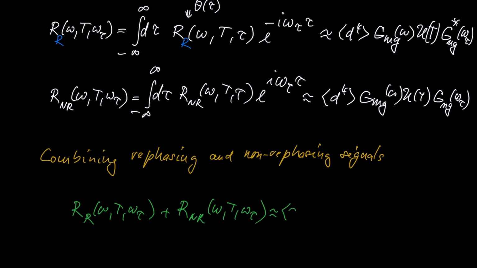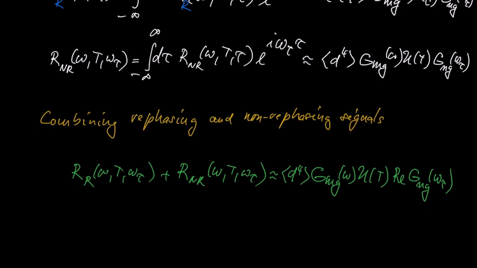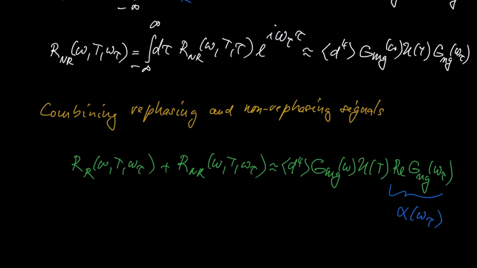same. Here we have the initial contribution that is the same, and then we have a sum of G star plus a G. That's twice the real part of the G. So here I can write real part of G and G omega tau, which is nothing but absorption in omega tau. All right.